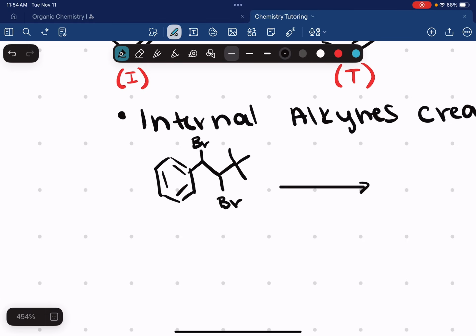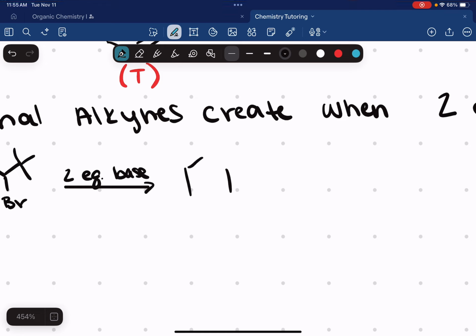And right here in your reagents, it'll be like two equivalents of base. And then that's how you make the one I showed you up there. And you end up with a triple bond. Right? Looks just like that.